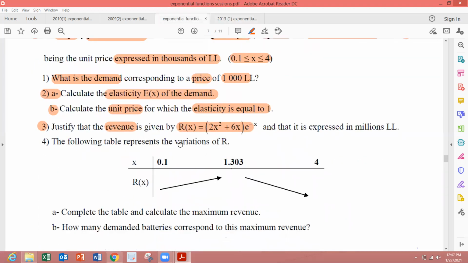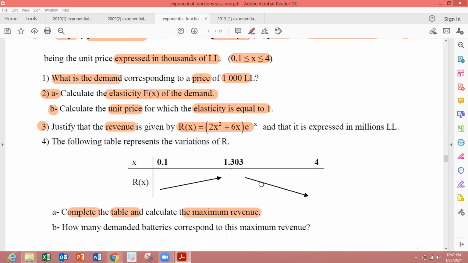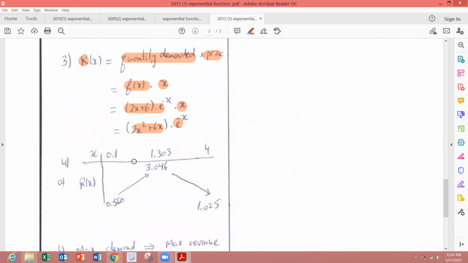The following table represents the variations of R. Complete the table and calculate the maximum revenue. What is meant by complete the table? What do we put in this table?